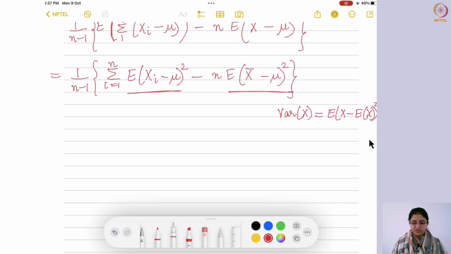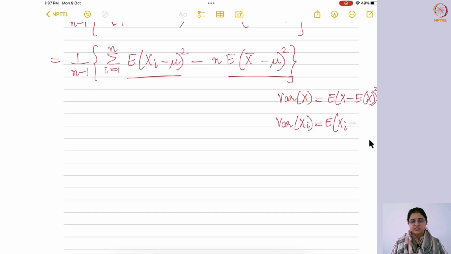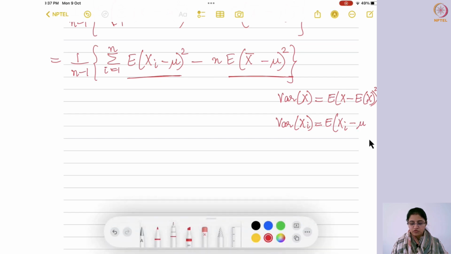So if I consider variance of xi, it would be expectation of xi minus expectation of xi. Since by the assumption of this theorem, each xi has the same expectation, which is mu, you will have this. Fine. So this is nothing but the variance of xi's.